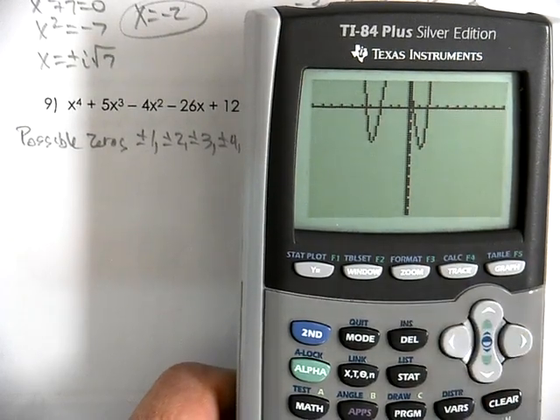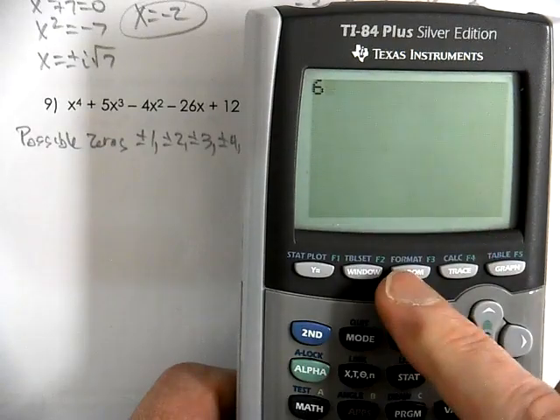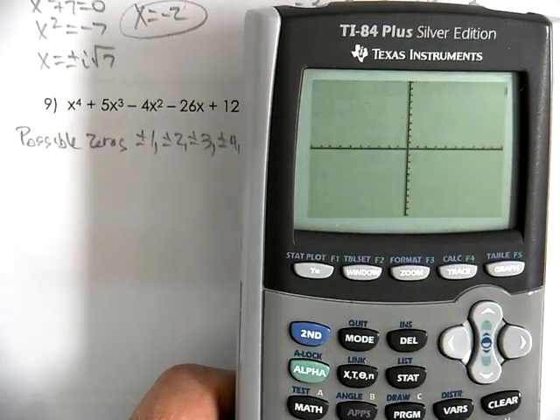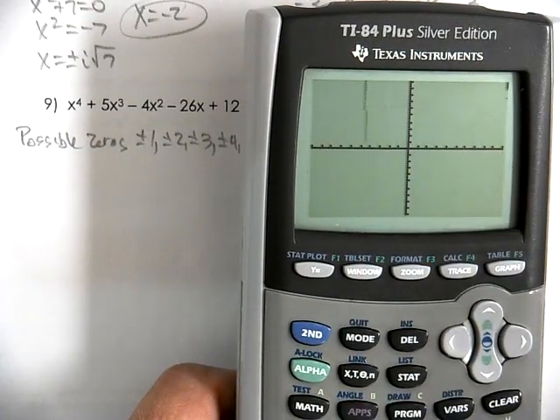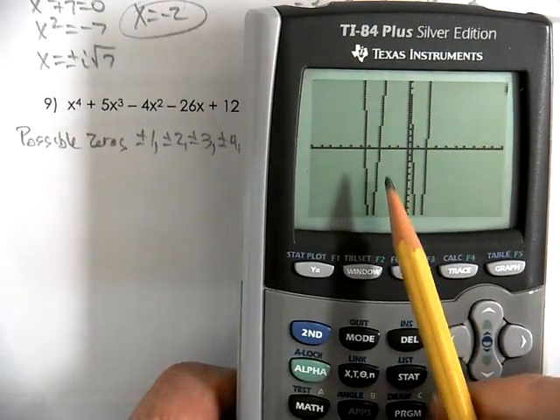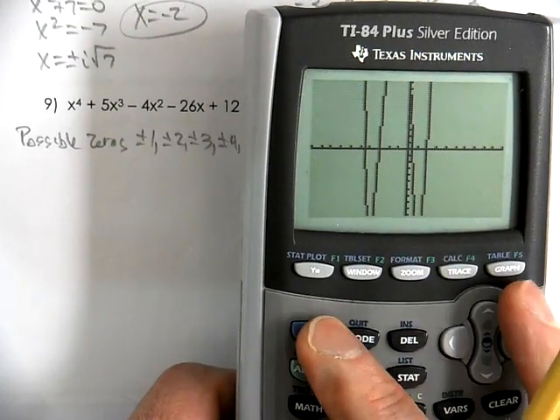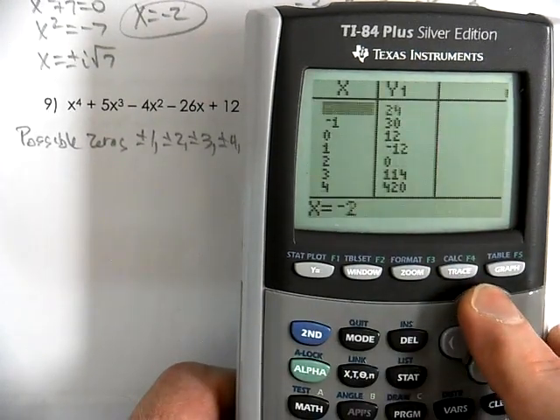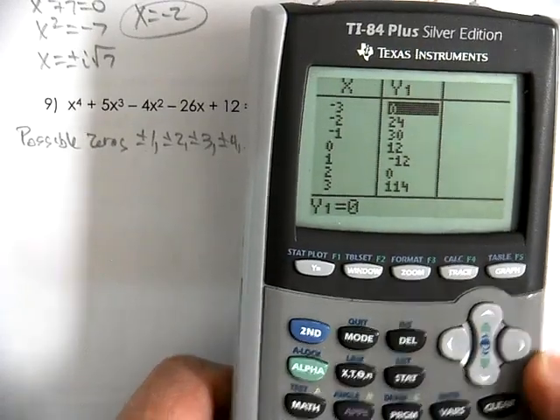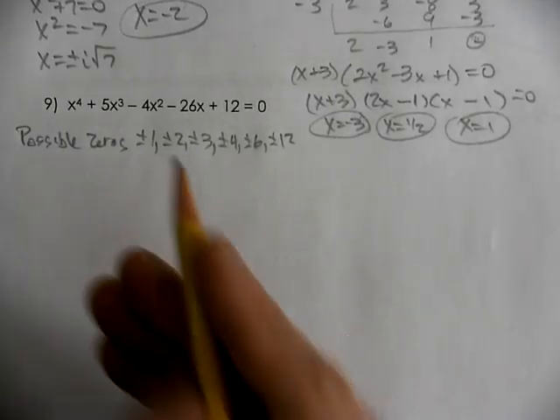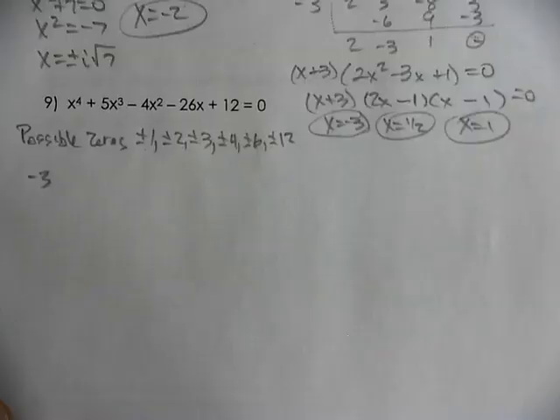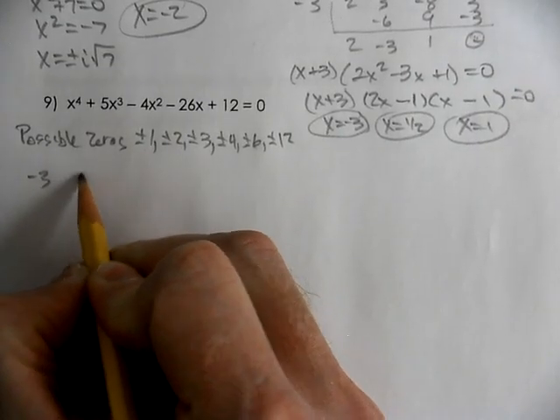I can go to zoom number 6 and it goes back to normal. Maybe I'll be able to see it go through these a little bit better. I see that it's going through -3. So in my table, I bet -3 says 0.